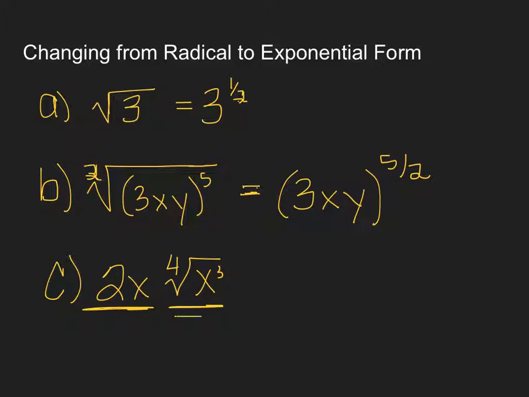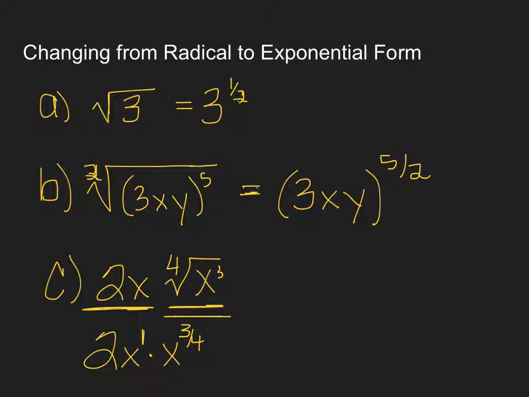Our second part is the 4th root of x cubed. So first we will take 2x, and we know that we need to multiply that by x to the 3/4 power.